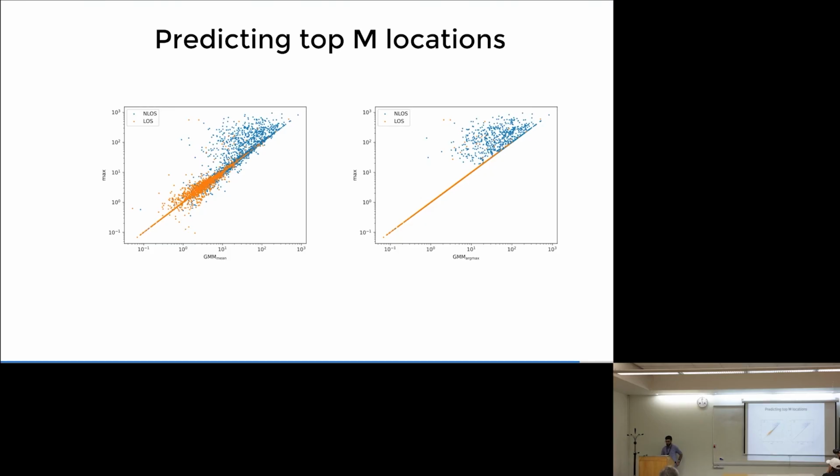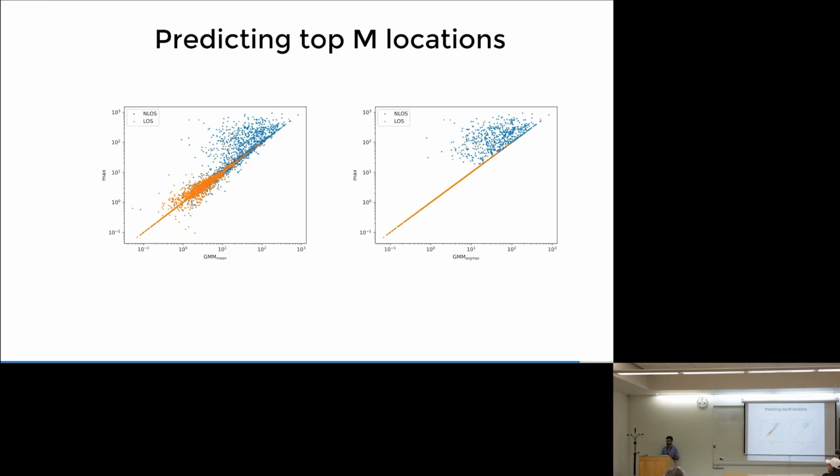Can you go to that slide where you had the scatter plots of GMMs? Yeah, so here your y-axis is top 1 accuracy, right? And the x-axis is top 5 or whatever, right? And if your point is above the diagonal, then it means that the accuracy was better in top 5, right?